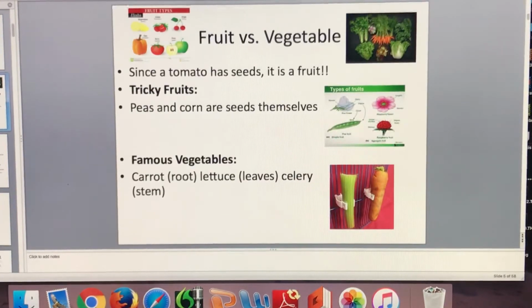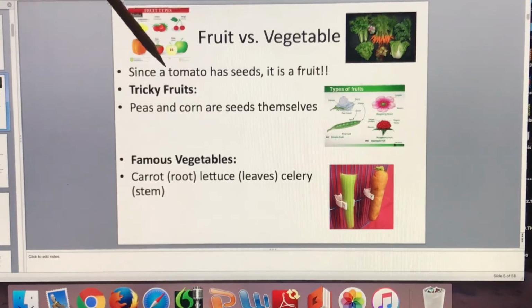So now we have the classification of different parts of a plant, either being a fruit or a vegetable. Even though we think of a tomato, for example, oftentimes in a food group as being a vegetable, because it has seeds, it is actually considered a fruit, because it's also part of the reproductive organs of a plant.